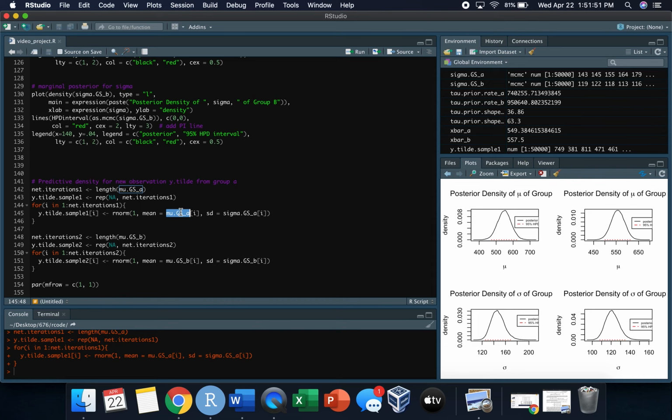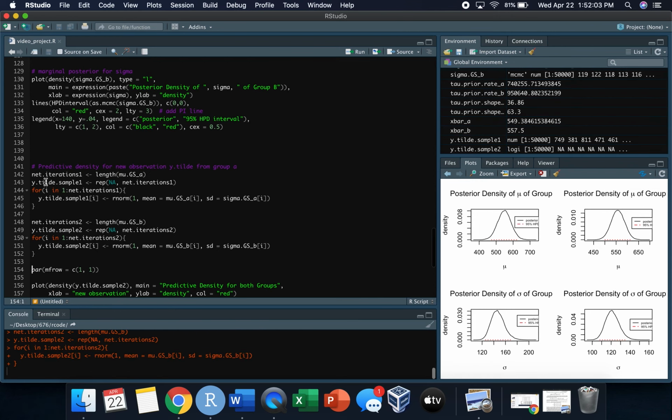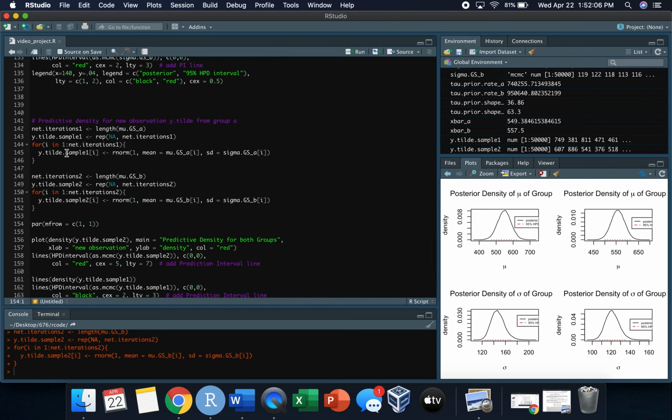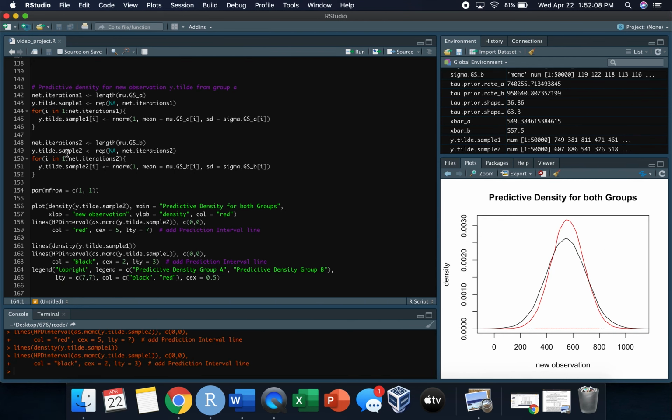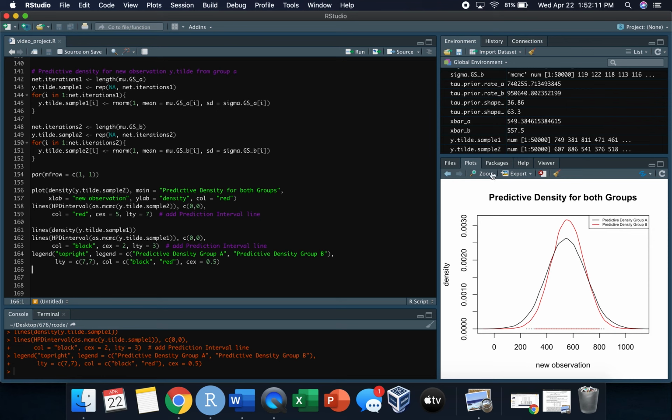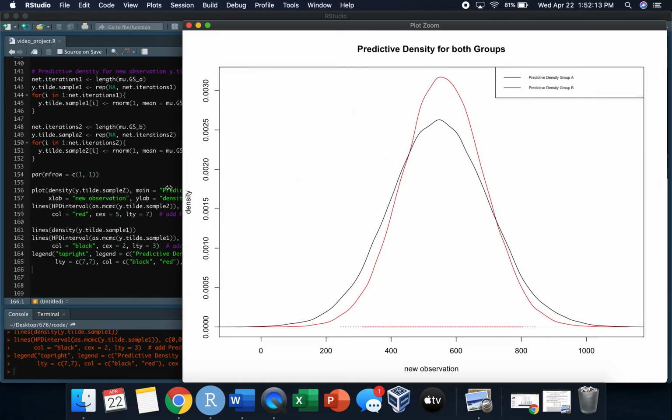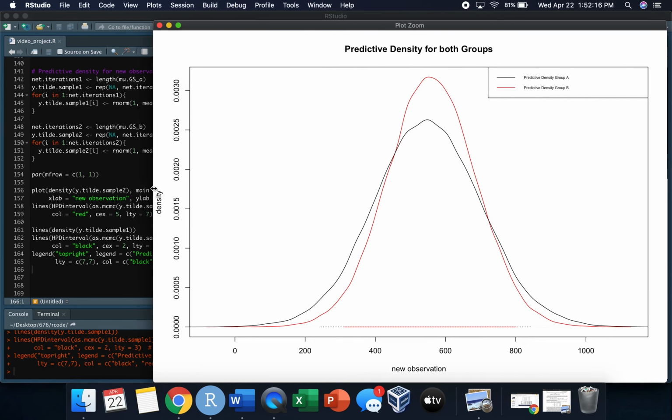a mean from the simulation and then a sigma, and then it'll generate a random normal variable. Okay, and we'll also do that for group B. So now we'll have enough observations to create the predictive density for groups A and B. And like we had thought, maybe group B is a little bit larger, but it is tighter than group A. So the HPD interval on the bottom here can show that as well.